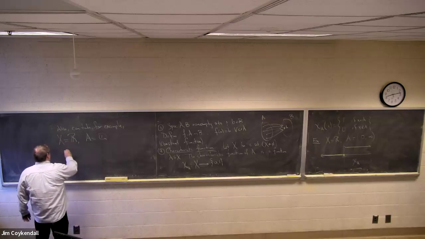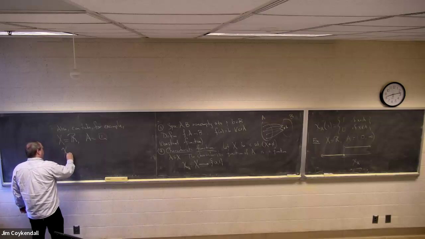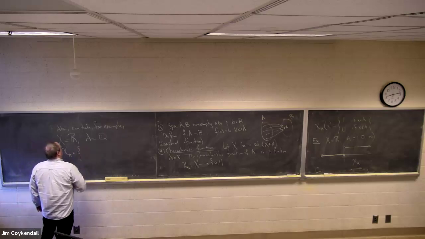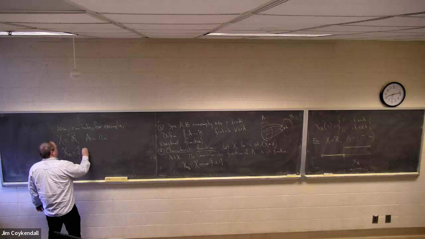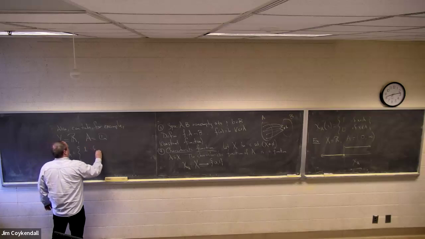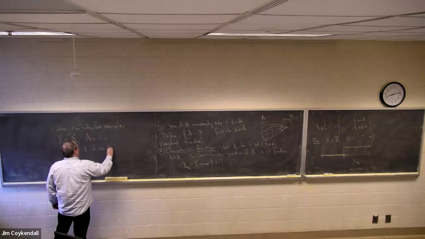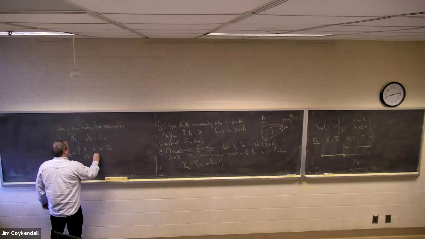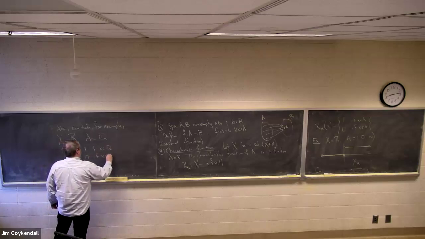So the characteristic function here is 1 if x is rational and 0 if x is irrational.